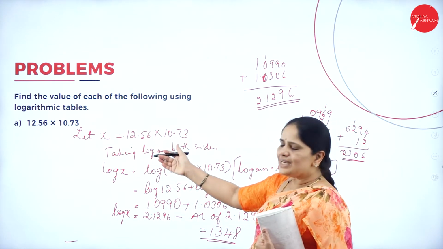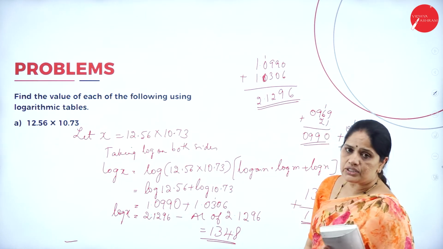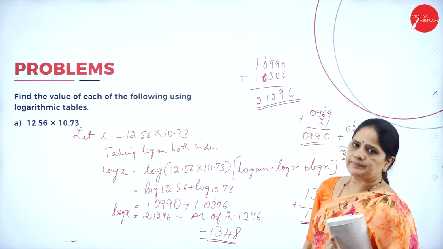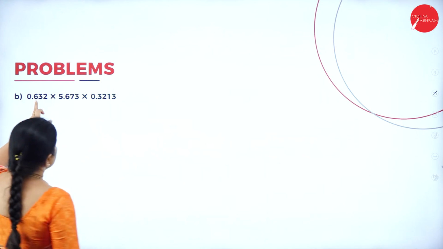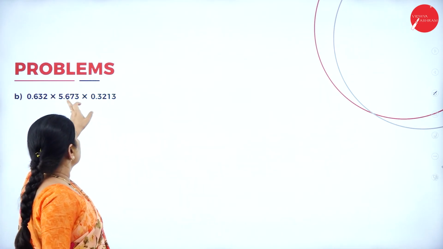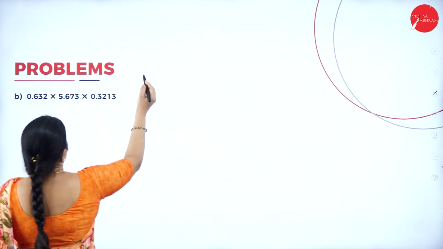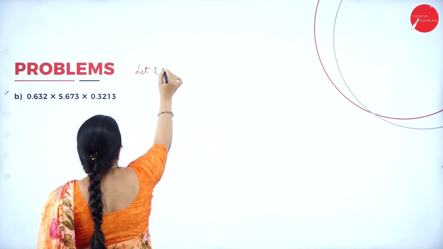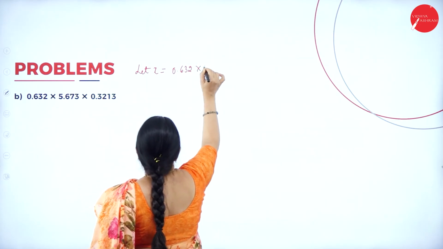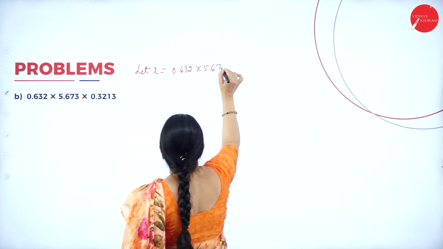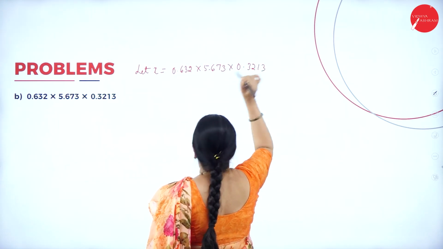So we have made use of the log table and found out the value of 12.56 into 10.73. Now here, if you can see, 0.632 into 5.673 into 0.3213. So let x be equal to 0.632 into 5.673 into 0.3213.